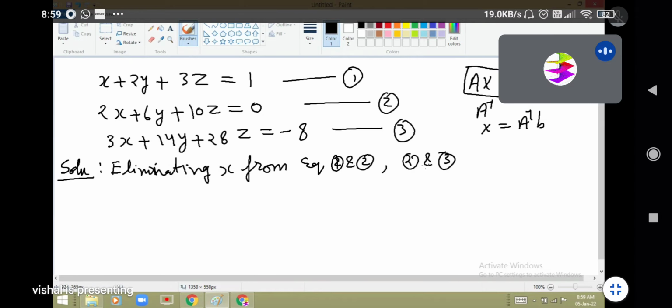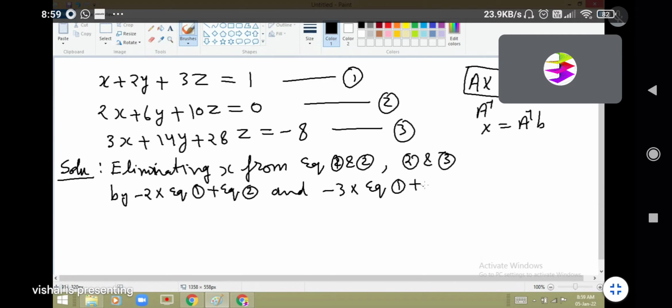How we will remove? We do it by -2 multiplied by equation 1 plus equation 2, and -3 multiplied by equation 1 plus equation 3.